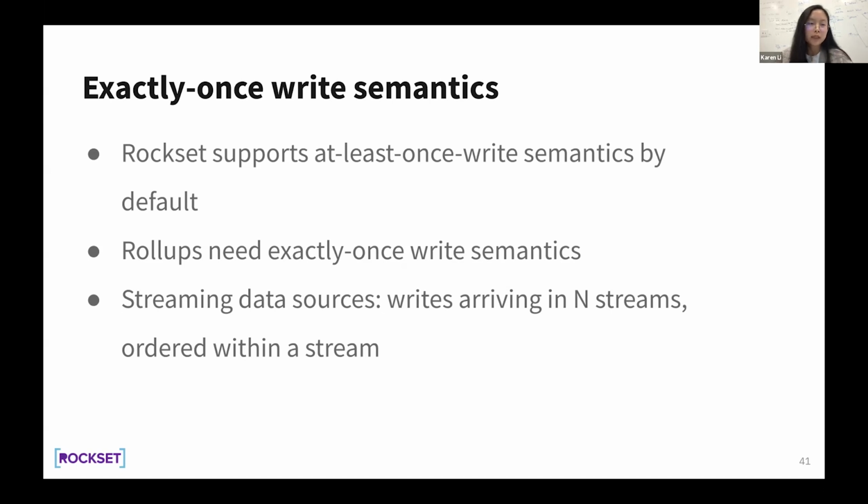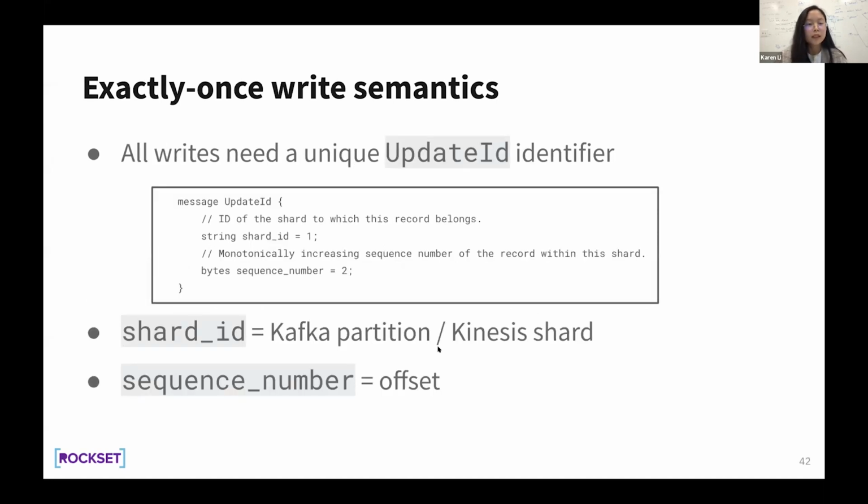Our implementation of exactly-once write semantics comes from our mental model of how streaming data sources work. Our mental model is that we have writes arriving in n independent streams, and within a given stream, the writes are ordered. So for our implementation, we assign a unique update ID to every single write.